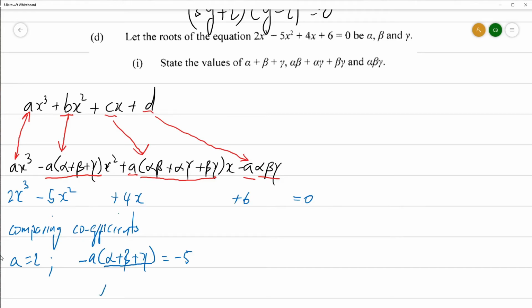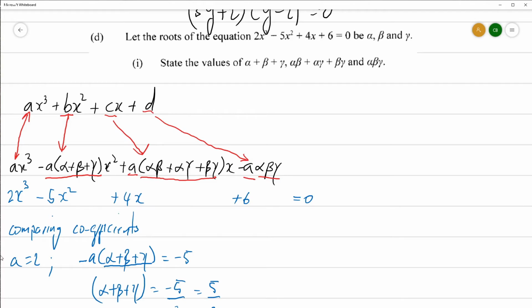So alpha plus beta plus gamma is equal to minus 5 divided by minus 2. So the answer we have is 5 over 2 for this expression.